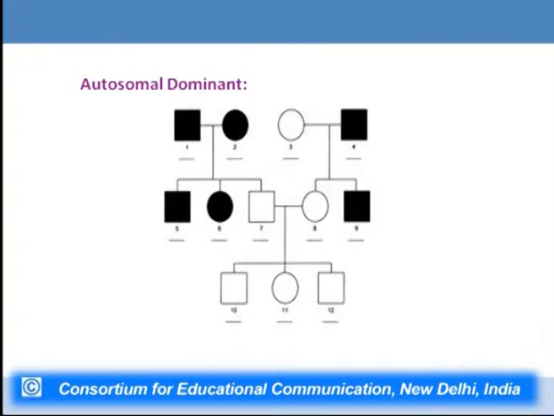Now, this is an example of a pedigree which shows autosomal dominant inheritance. In this particular case, we see shaded individuals, that is black squares and black circles, which denote individuals who are affected, and unshaded circles and squares which denote individuals who are not affected.